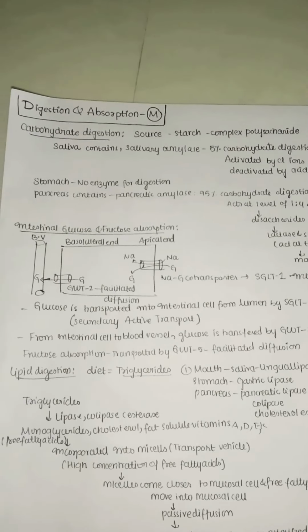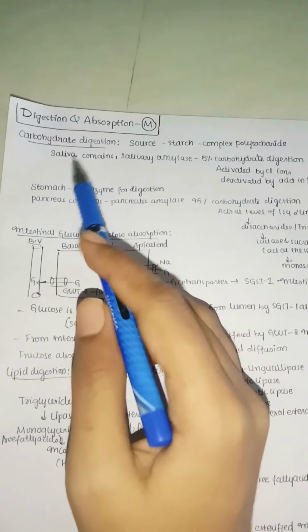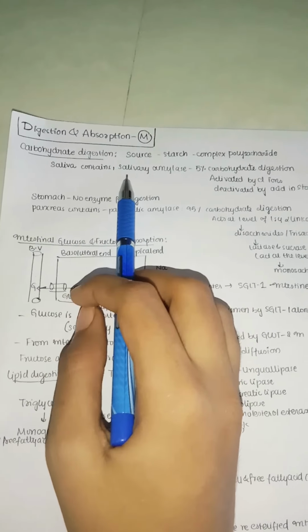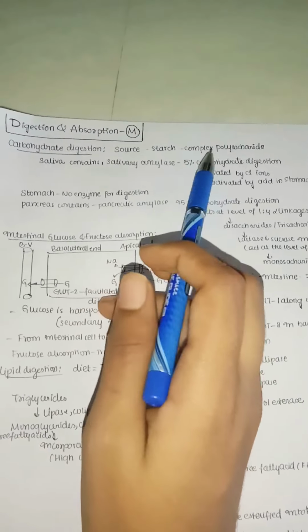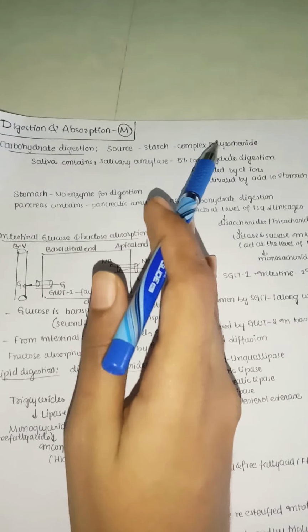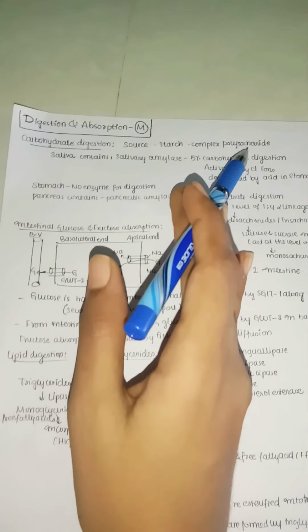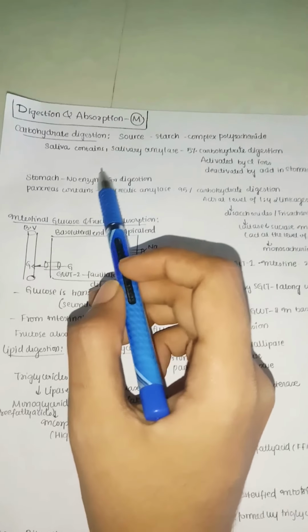Next we'll continue with digestion and absorption. First we have carbohydrate digestion. For the food we eat, the carbohydrate source is like starch, a complex polysaccharide. Now this complex polysaccharide needs to be converted into a simpler form to get absorbed into our body.